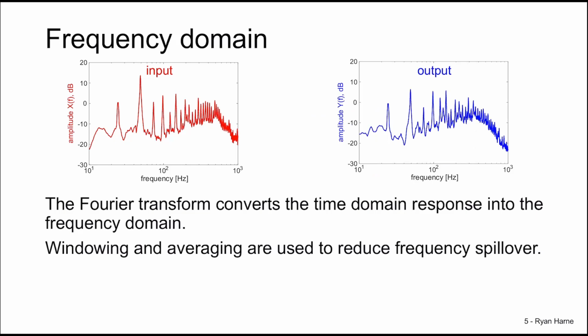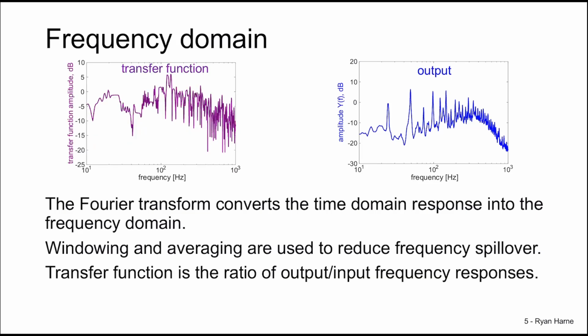These are plots of the amplitude, but the FFT also gives complex values denoting the phase. Then, the transfer function we find through the ratio of the output to the input frequency responses. Again, only the amplitude is shown here, but it also includes phase information using the imaginary component of the transfer function.